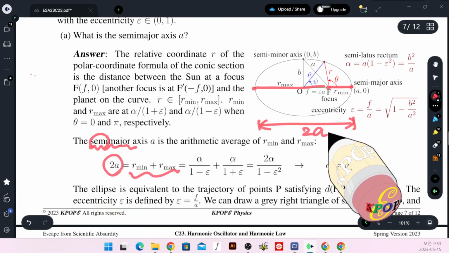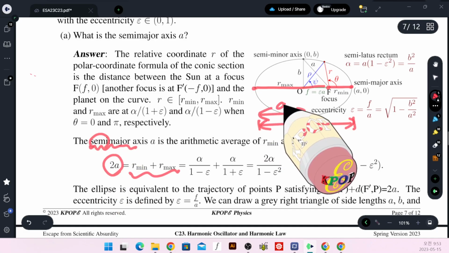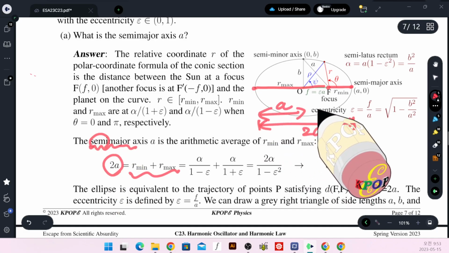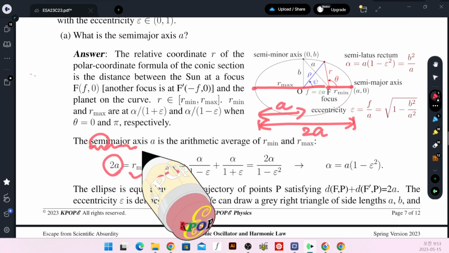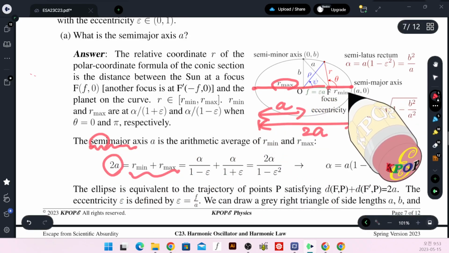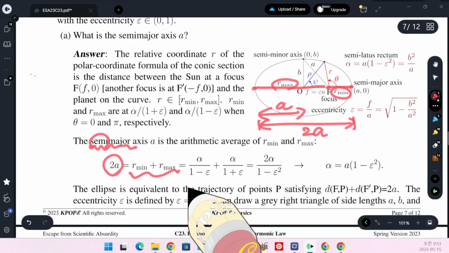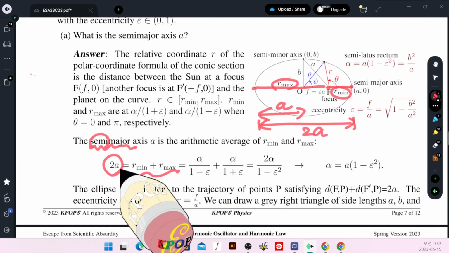This is 2A, so half of 2A is A. That A is the sum of R max and R min divided by 2. So that is A, the semi-major axis A.